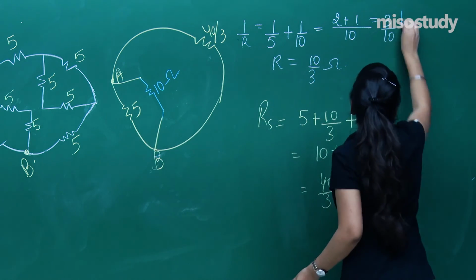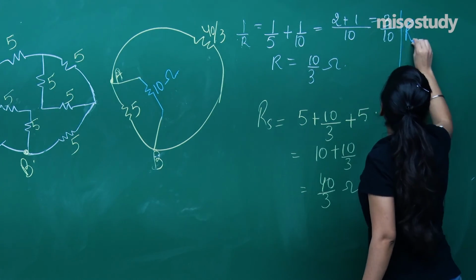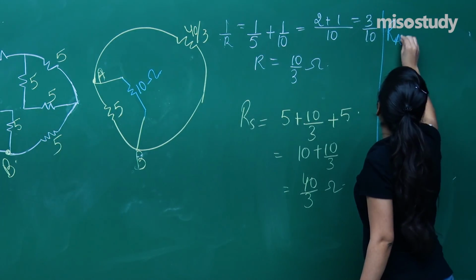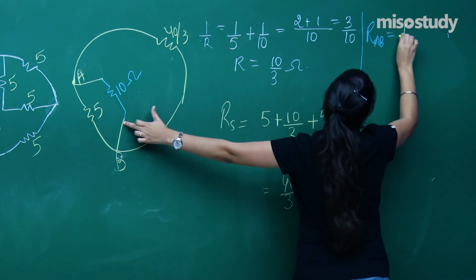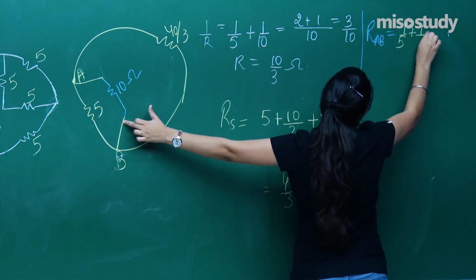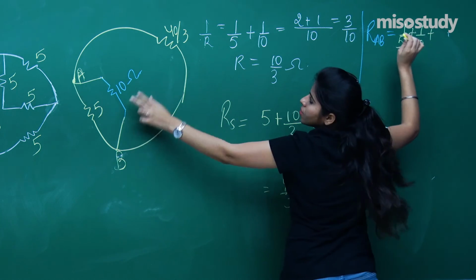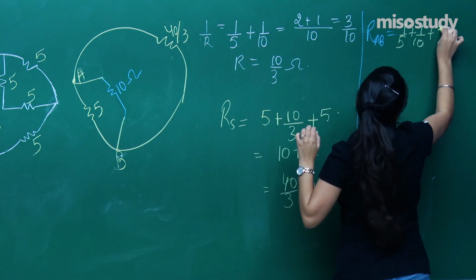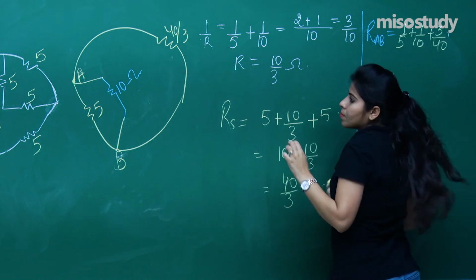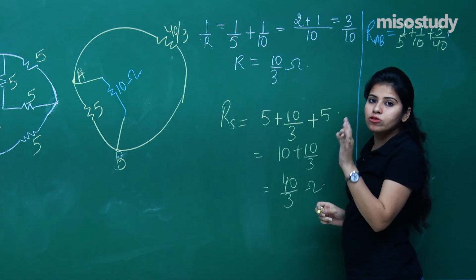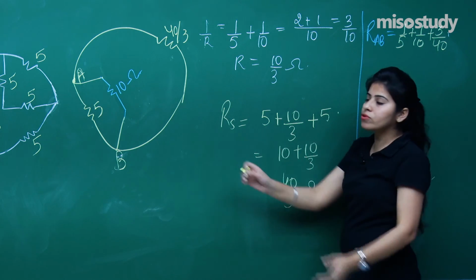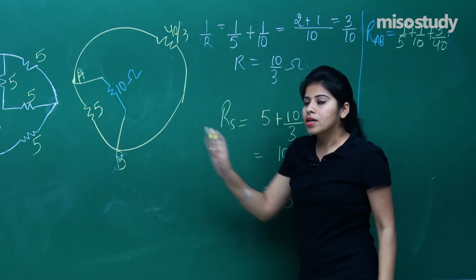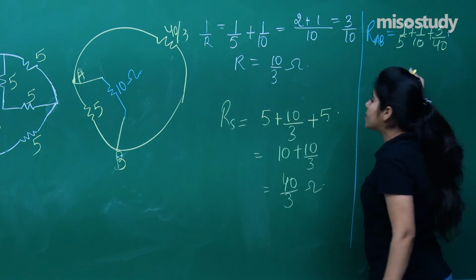So I will write over here, the combination of the resistance R across AB will be 1 upon 5 plus 1 upon 10 plus 3 upon 40. Because we are taking 1 by R equals 1 by R1 plus 1 by R2 plus 1 by R3. That means you have to take the reciprocal of these three. That is why we have written it like this.